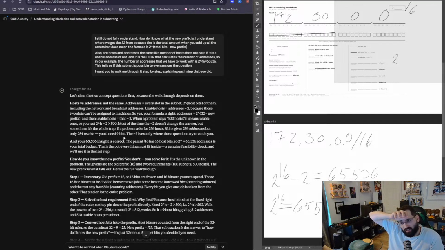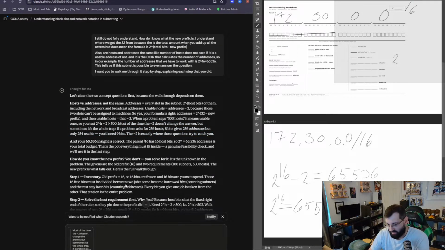What the fuck? If a problem is asking for 256 hosts, 8 bits gives 256 addresses, you would need 9 bits? The minus 2 is exactly where those questions catch you. I don't understand this. This is what I do not understand.